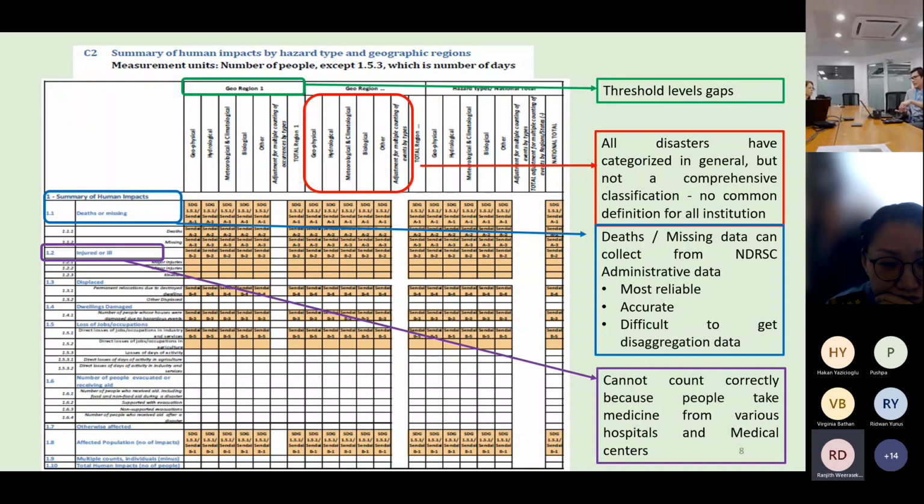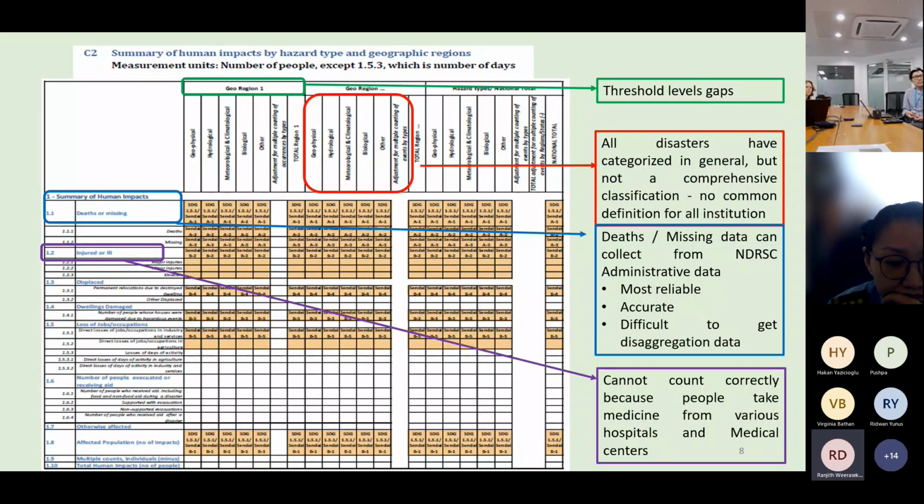But we can get the NDRSC data to fill this table by geo-region.